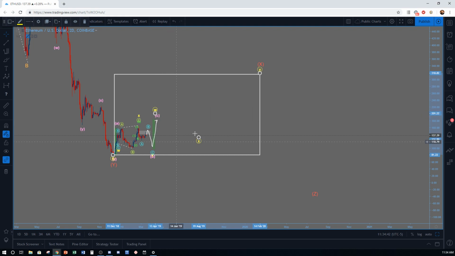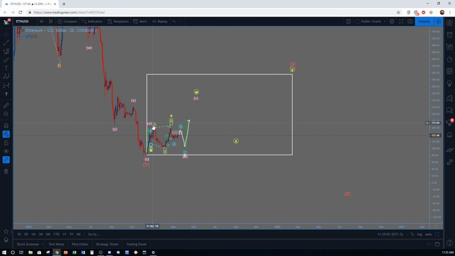That's pretty sideways. What I'm hoping to see is that C extends pretty high, like this. And then our X behind it. And then Y takes us to new highs around the 300 range or higher. The potential is also that this could be some kind of AB base. And as we finish this move, we could be starting a new impulse up.